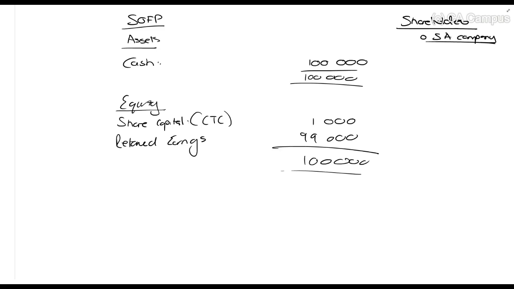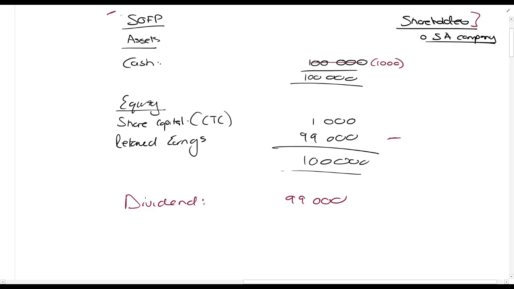So what this shareholder, who is the owner of this company, does is say, all right, company, pay me a dividend of 99,000 rands, equal to your retained earnings. So this company decreases its cash. There's now 1,000 rands left. Well, in fact, let me do it as follows.